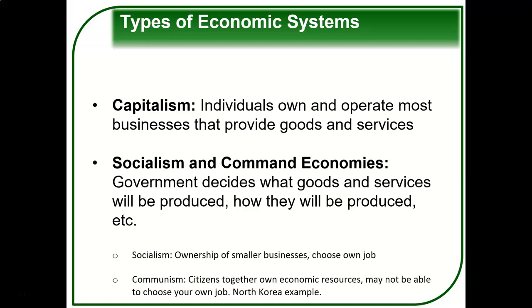Socialism has a particular flavor in that it allows for people to choose their jobs, and some small businesses are allowed to flourish. In other command economies, such as communism, there's a different way of doing business, and that involves the citizens themselves together owning the economic resources. You may not be able to choose your job in a communist system.